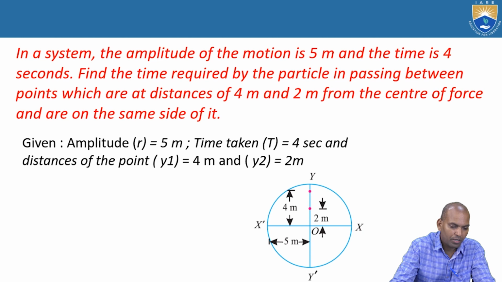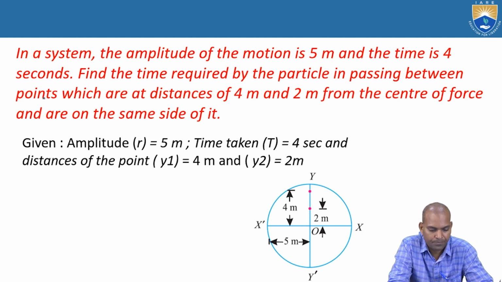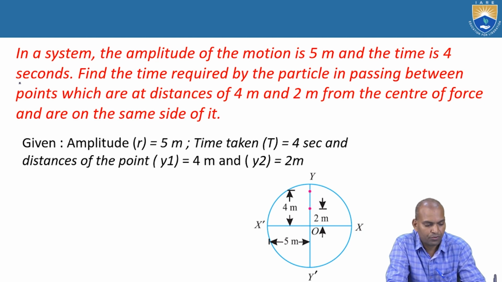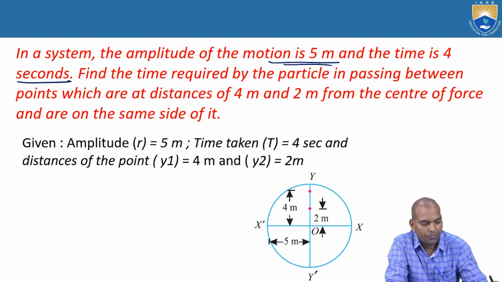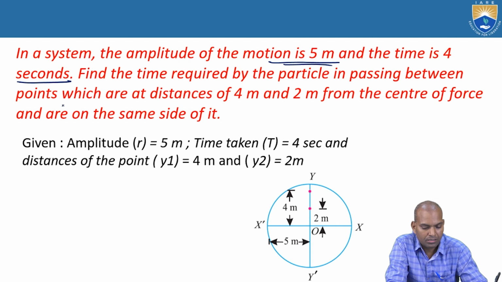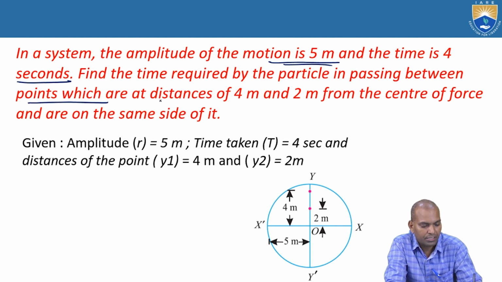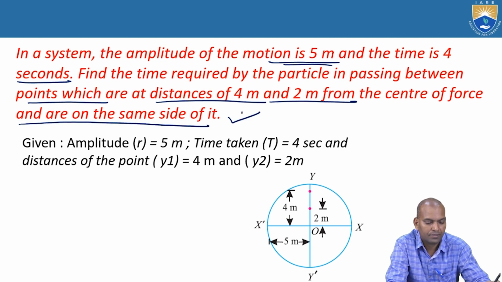The next problem: in a system, the amplitude of the motion is 5 meters and the time period is 4 seconds. Find the time required by the particle in passing between points which are at distances of 4 meters and 2 meters from the center of force and are on the same side of it.